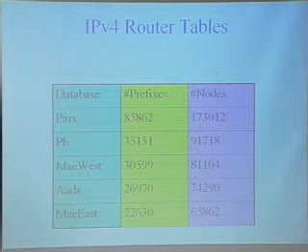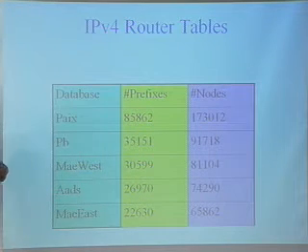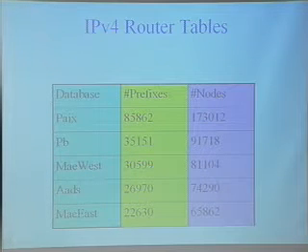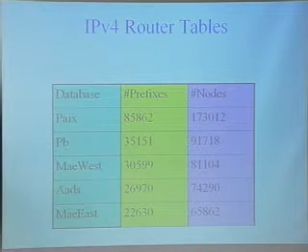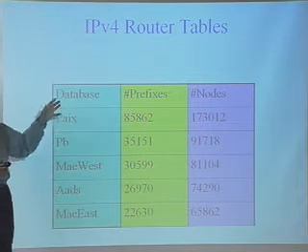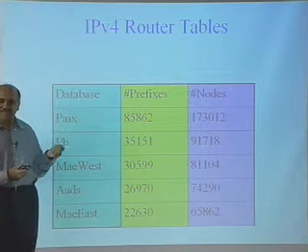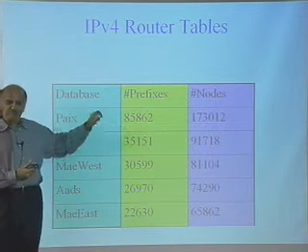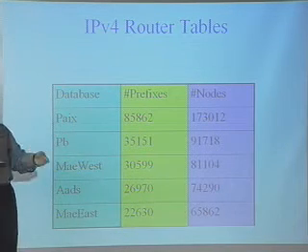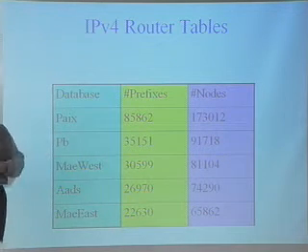To give you some idea of the size of the tables we're talking about, this table maybe reflects a few databases or a few routing tables. The size of tables actually changes in time. If you went to a particular ISP and looked at their routing table at this point in time, maybe they've got 85,000 rules in there, but if you come back 3 hours later, it might have become 90,000 rules because rules were inserted, or it might have dropped down to 70,000 rules.